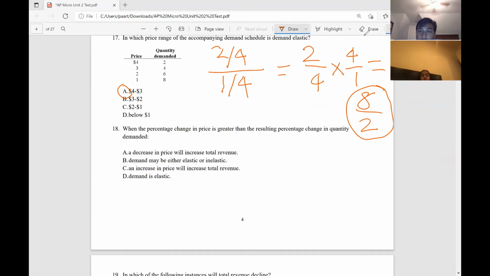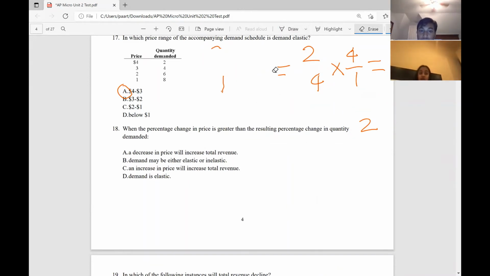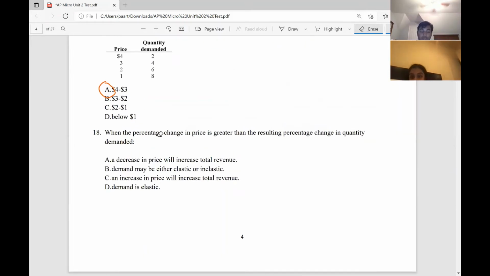Question 18 is asking when the percent change in price is greater than the resulting percentage change in quantity demanded. Right away when they give this scenario, you should remember that if the percent change for quantity demanded is large compared to the percent change for price, that means it's highly elastic.